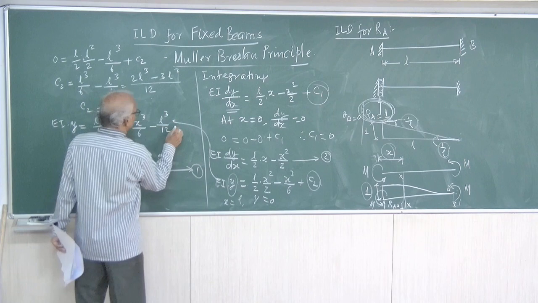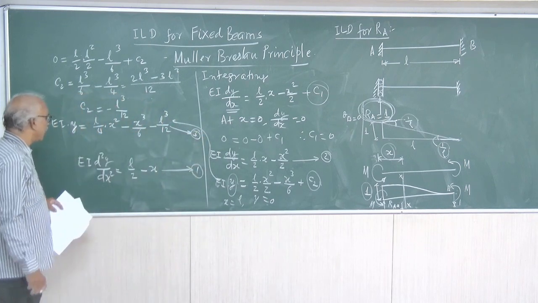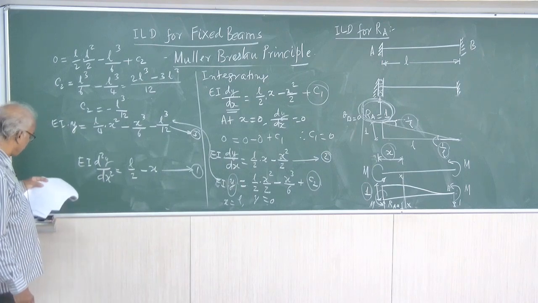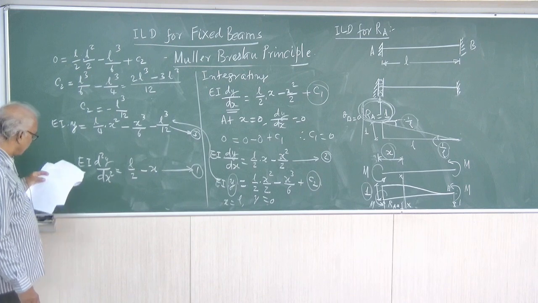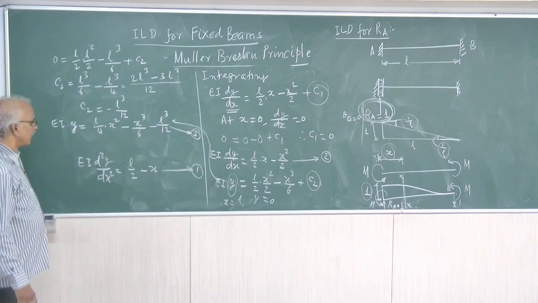So this is equation number 3. After substituting for C2, we get L by 4 x square minus x cube by 6 minus L cube by 12. So this is the deflection equation.